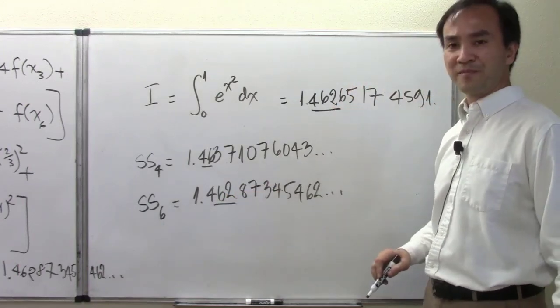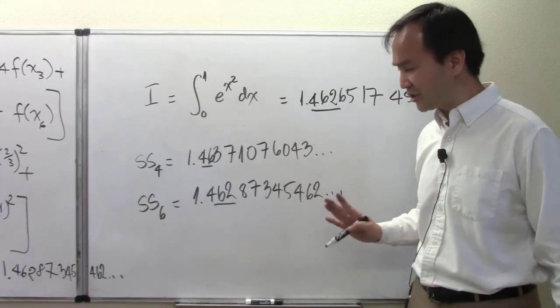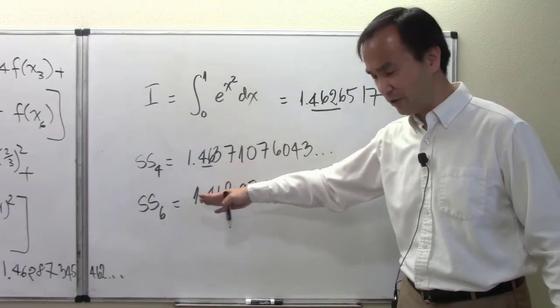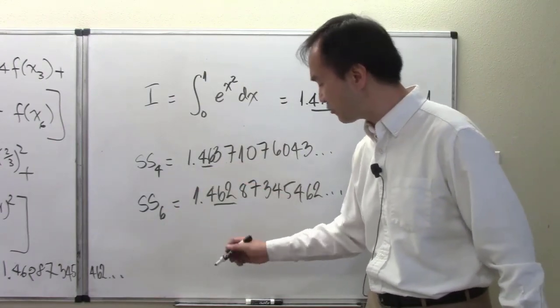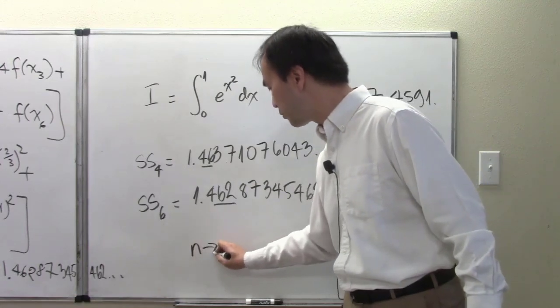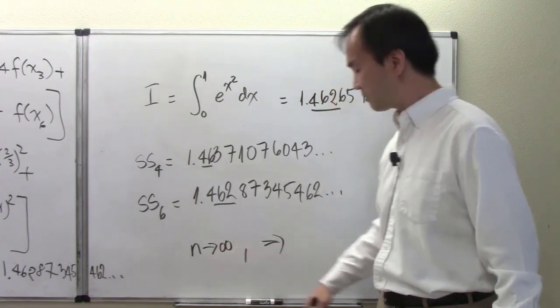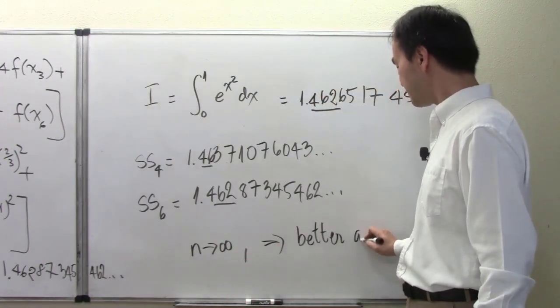I don't really want to do a direct comparison, but what we draw as a conclusion, just like the observation we have seen earlier, is that as we keep increasing the number of subintervals, we will keep getting better approximations.